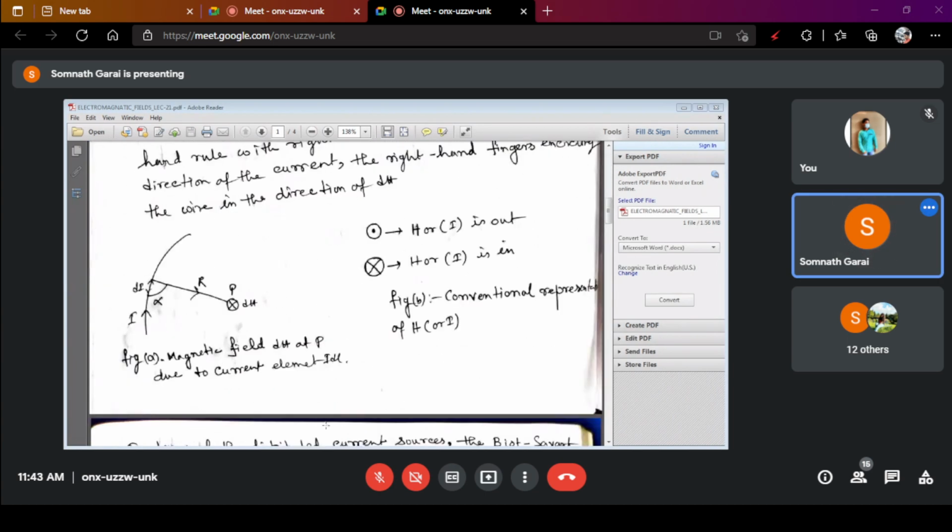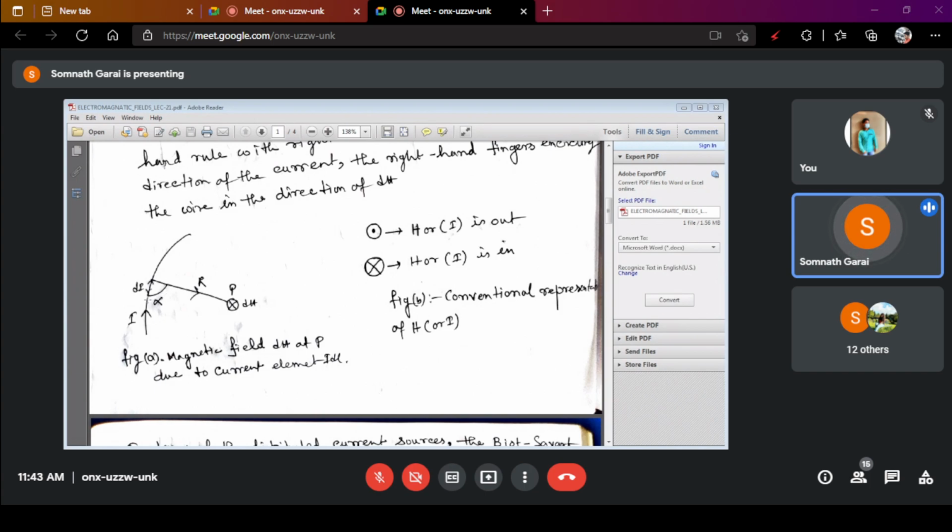This line joins the differential element dL and the point P, so the angle alpha is there.